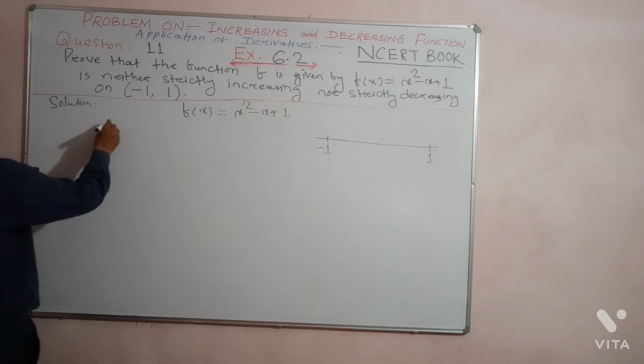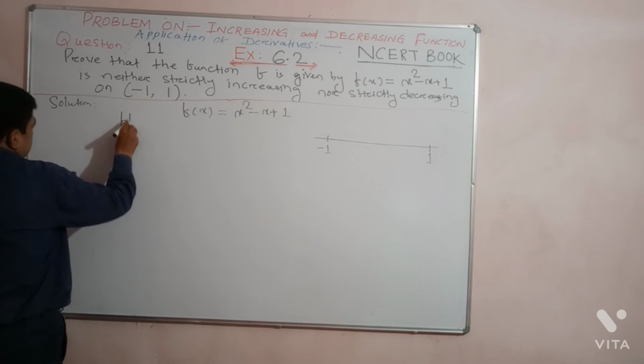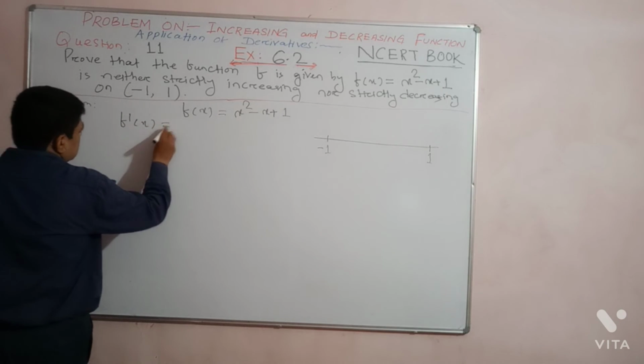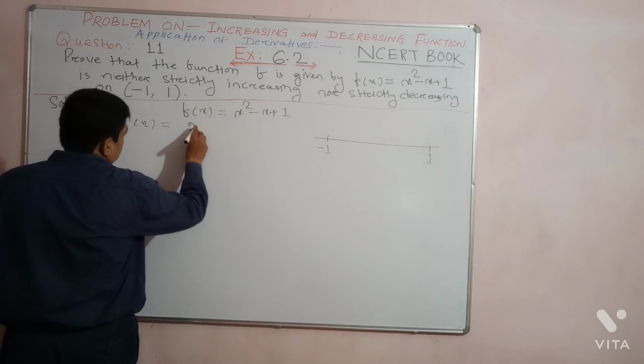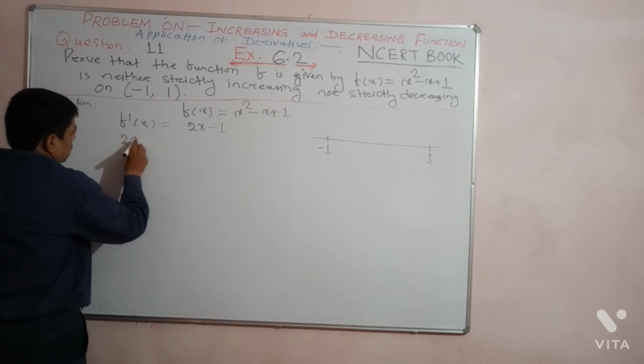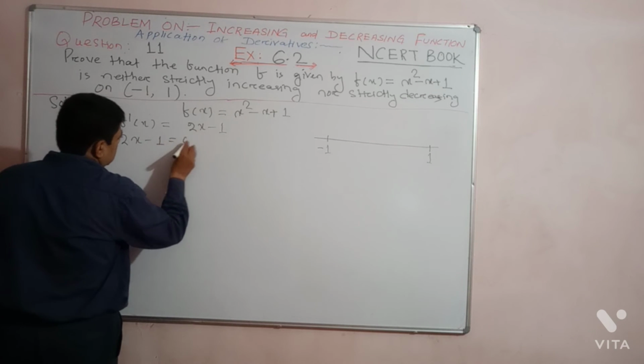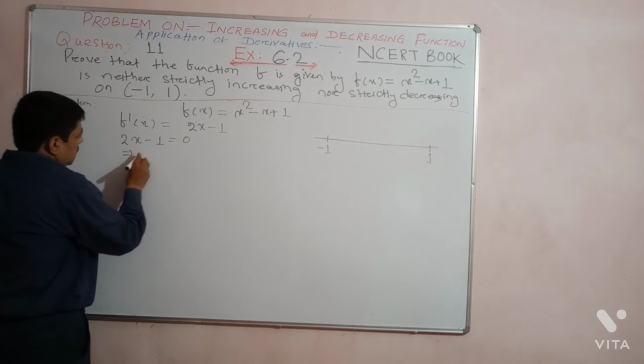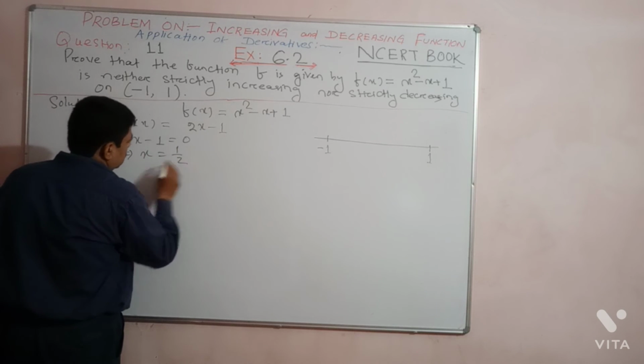Let's see. Let us find the derivative of the function, f'(x), which is the slope of the function, and it is 2x − 1. So equate f'(x) to 0, that implies x = 1/2.